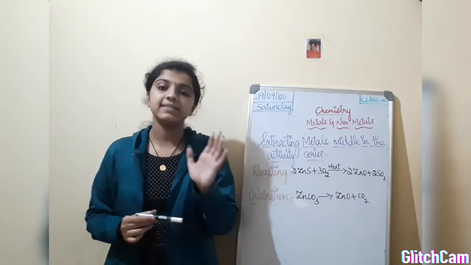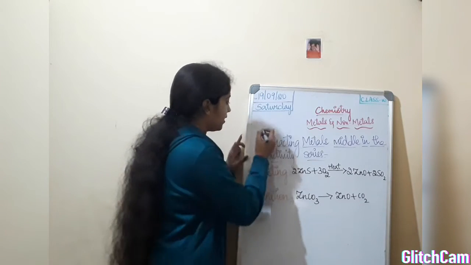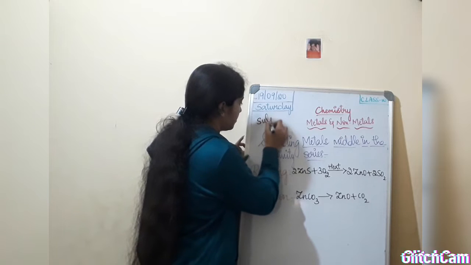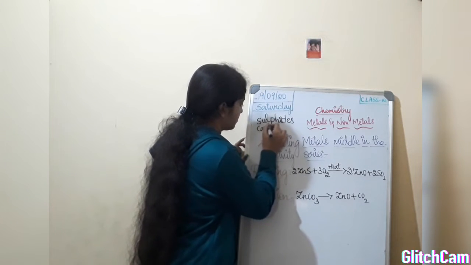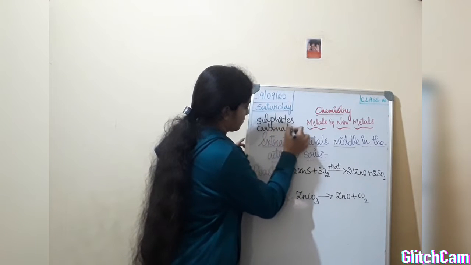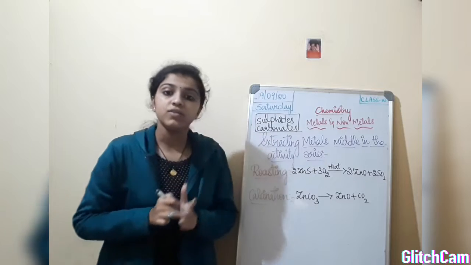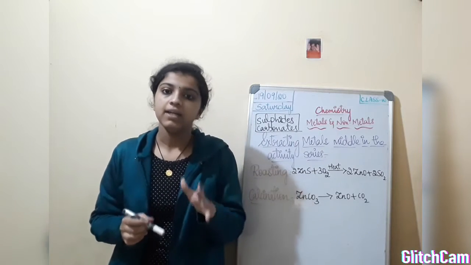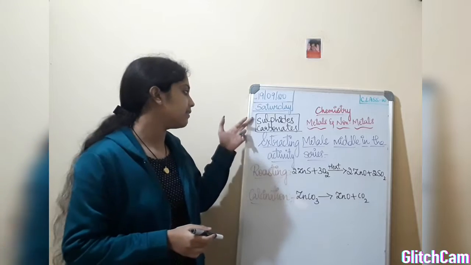These metals are generally found as sulfides or carbonates. It is easier to extract a metal from its oxide than from its sulfide or carbonate.